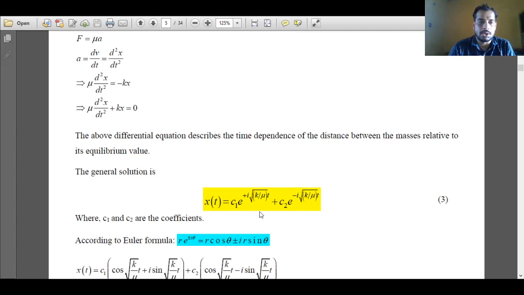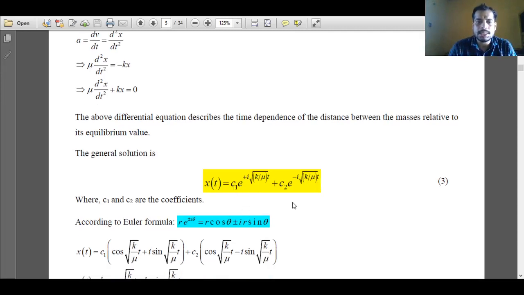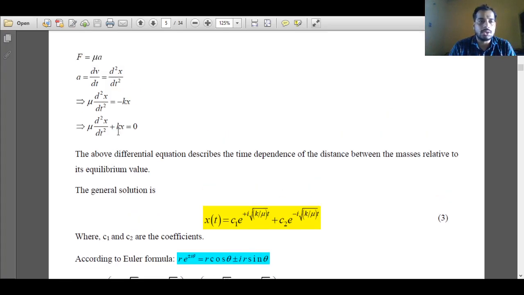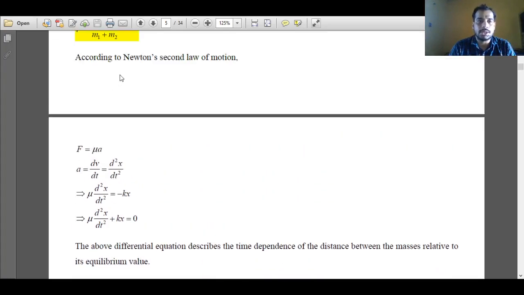Now this is a complex solution. C1 and C2 are coefficients, k is the force constant, mu is the reduced mass, t is time, and x(t) is the amplitude of vibration that depends upon time. So this is the general solution of the harmonic oscillator problem.